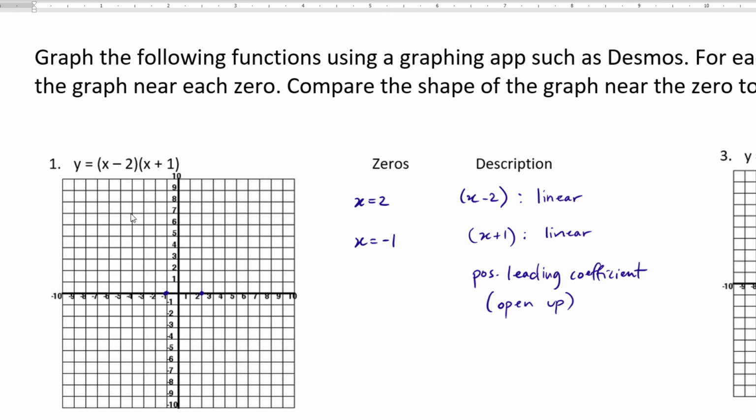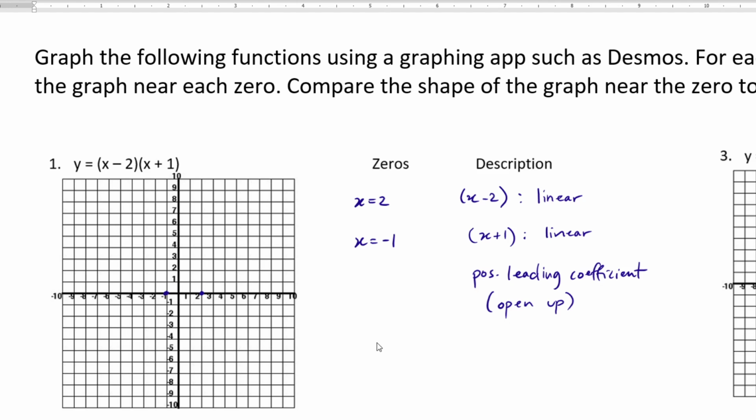If I wanted to find the vertex of that, remember that the vertex is going to be halfway between here and here, right? The vertex will be halfway between these 2 points, because remember, the vertex is in the middle of the parabola. So this right here is a total of 3 units. So halfway in between is right here at 0.5.